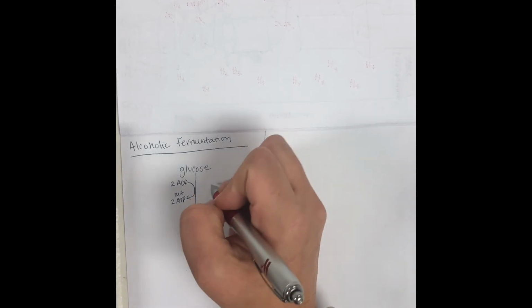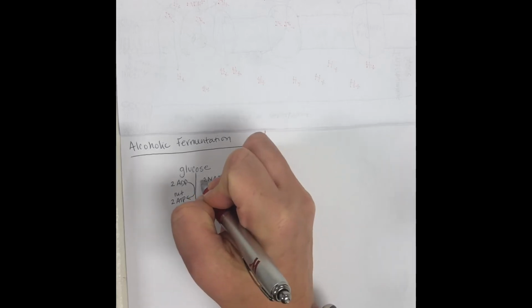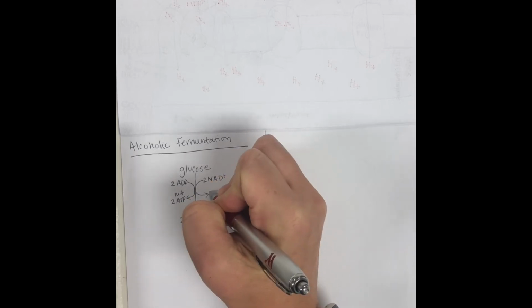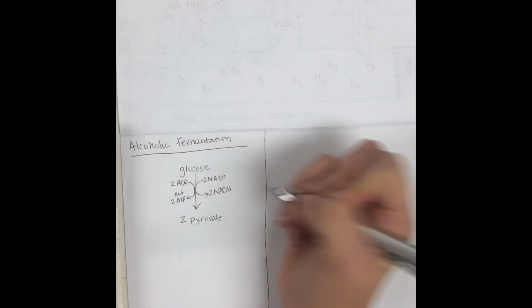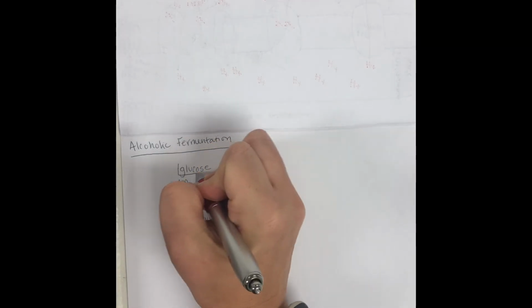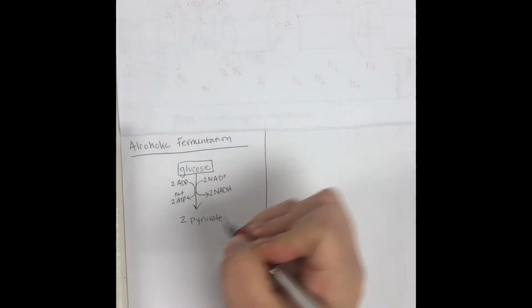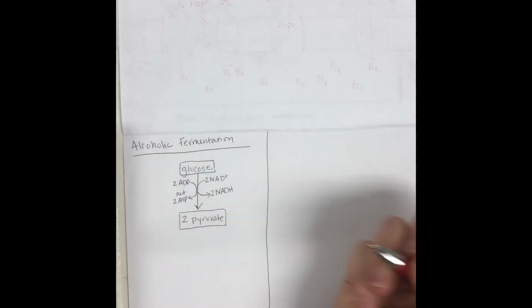And at the same time, we're going to take 2 NAD pluses and capture the electrons and make 2 NADHs. I'm just going to box out our molecules so that they stand out a little bit more because we're going to add a lot of information here.